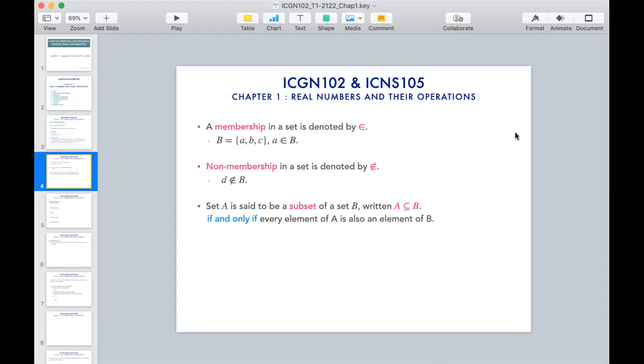So in this one, we write that set A is a subset of set B. When can we define that set A is a subset of set B? If and only if every element of set A is also an element of set B. So if I just give an example, you can see that right now.